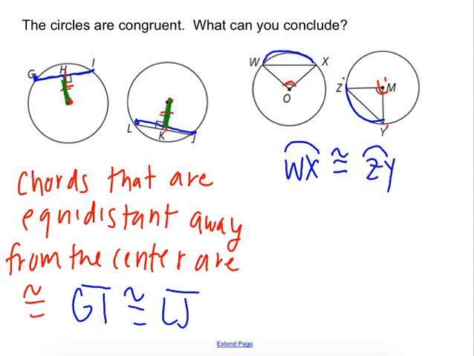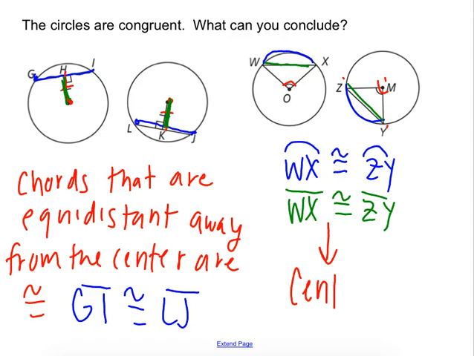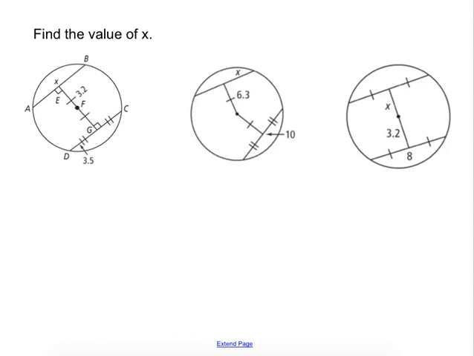And then we also know that they have congruent chords. So chord WX and chord ZY are also congruent. And that is because the central angles are congruent. Are we good? Okay, let's go on again.